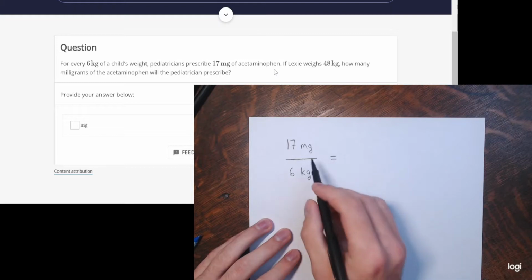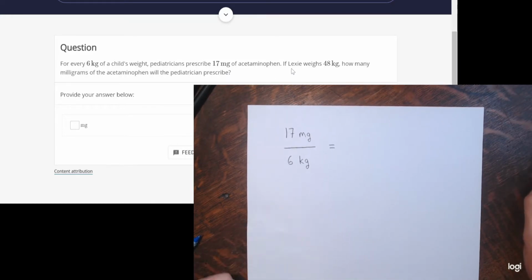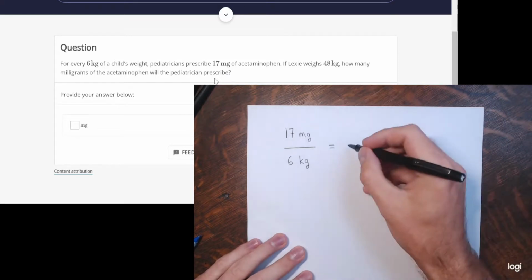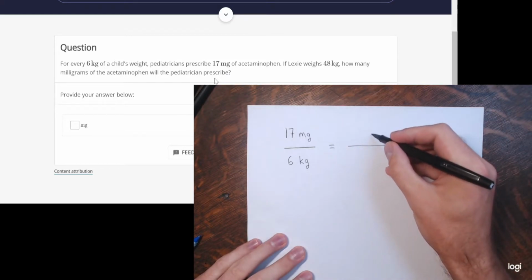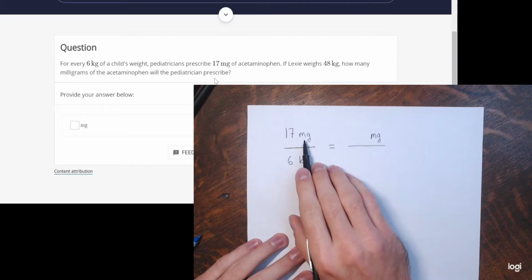So there's one ratio, and this ratio should be equal to what the doctor prescribes for little Lexi here. It says if Lexi weighs 48 kilograms, how many milligrams of the acetaminophen will the pediatrician prescribe? Tylenol is acetaminophen. On the right side, the numerator I would like to be in milligrams of acetaminophen, because the milligrams was on the numerator of the left side as well.